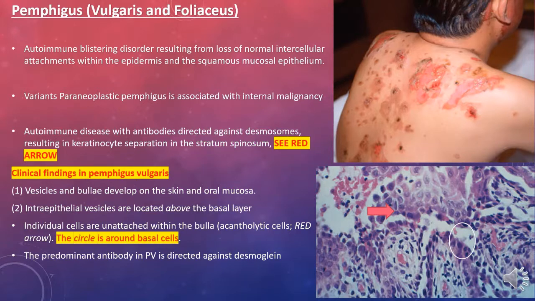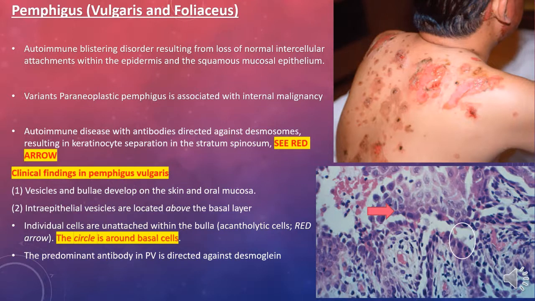They are referred to as intraepidermal autoimmune mucocutaneous disorders. As I said, they involve the oral cavity and the skin, so they are mucocutaneous blistering disorders, and they are fragile, flaccid blisters. So autoimmune, so there should be autoantibodies for this, and against what?